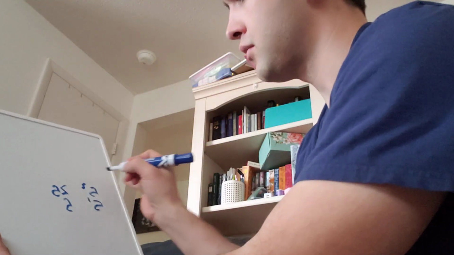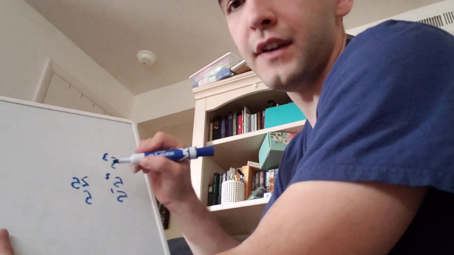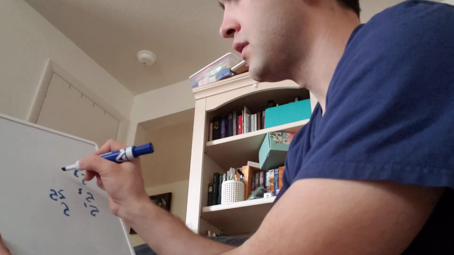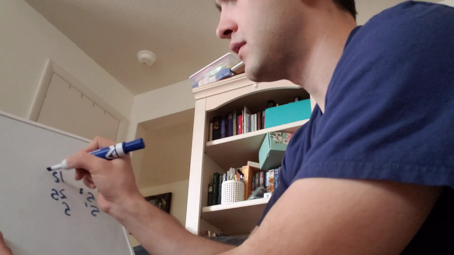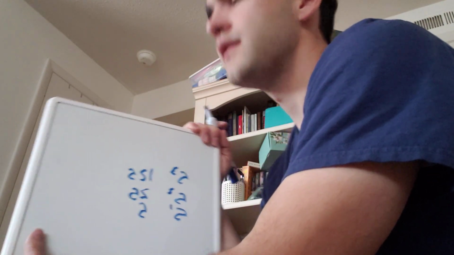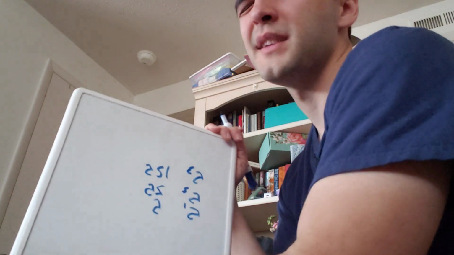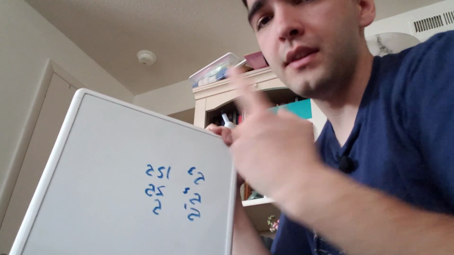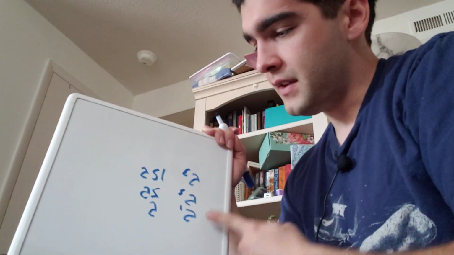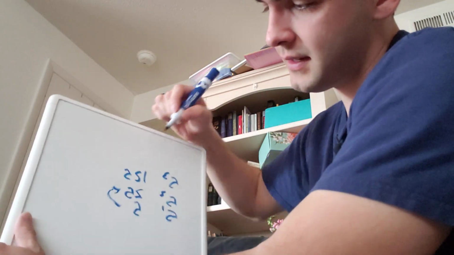And then 5 to the 3 is 25 times 5, so 125. And 5 to the 4 is like 675 or 625, something like that. I don't remember.